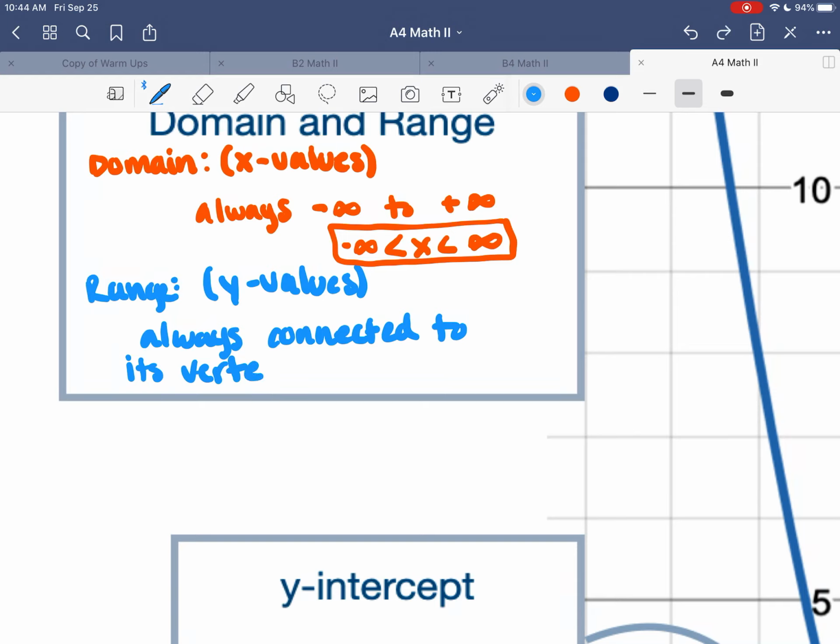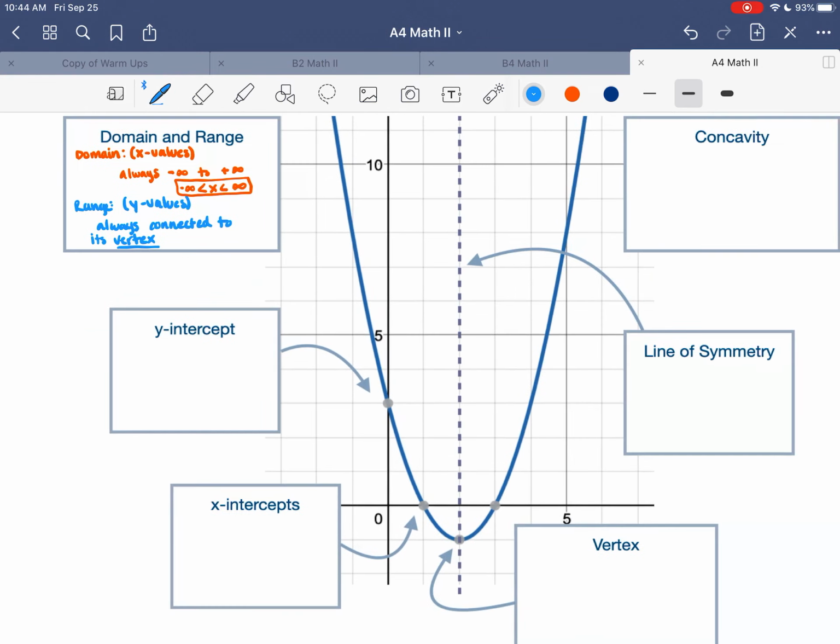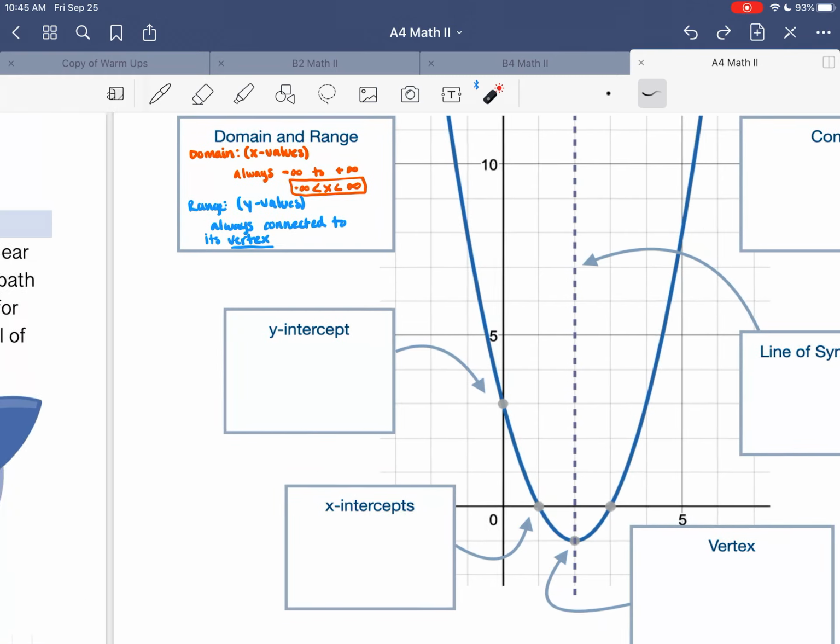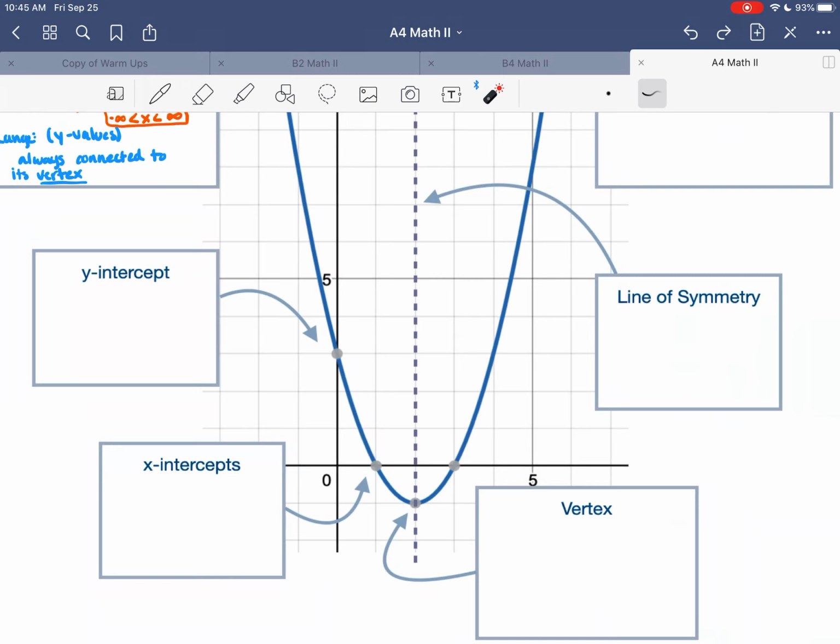This word, vertex, is something that we will learn in just a second. But the vertex, I will just tell you, is this point down here. And so the range is always connected to where that point lies. The lowest or the highest point of the parabola is going to affect the range of a parabola. So that's domain and range.